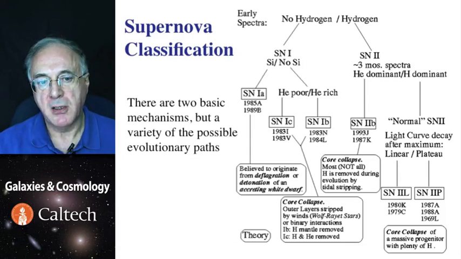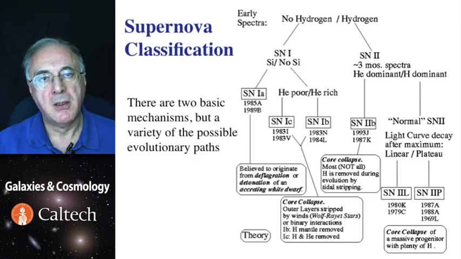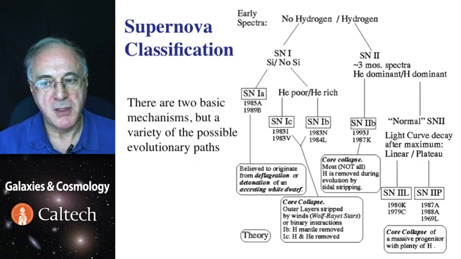There are these two basic channels: either massive stars at the end of their life that exploded because they no longer produce nuclear reactions in their core, or white dwarfs that are pushed over their stability limit by additional accretion. They come in many different varieties, in terms of spectra and so on, but there still are these two basic mechanisms, although they can manifest themselves in a broader phenomenological sense.